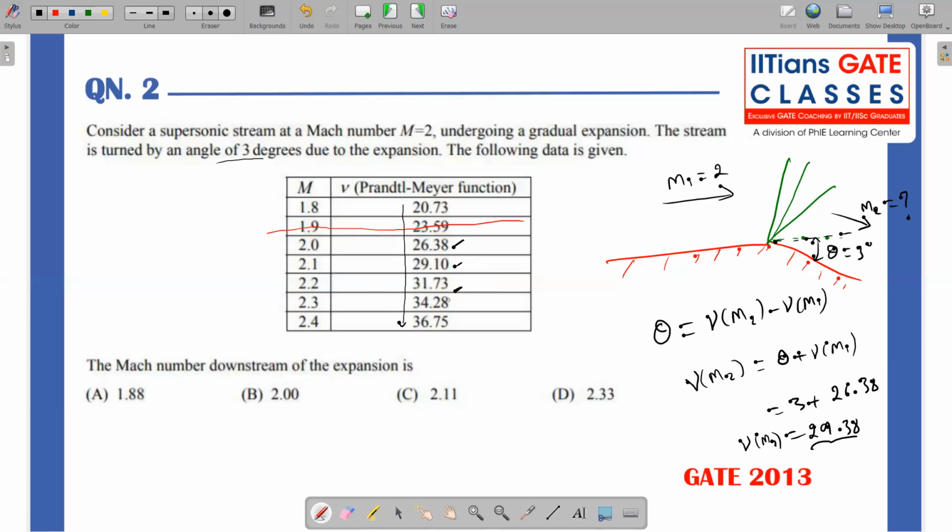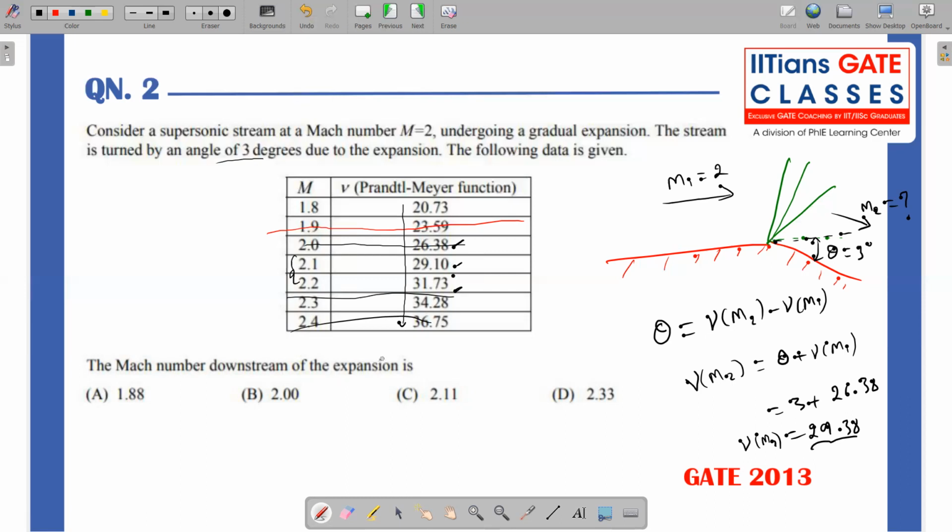That means it has to fall somewhere between 29.10 and 31.73. It cannot go beyond this. This one is not needed, and this is already used. So now I should have an answer which is between these two values.